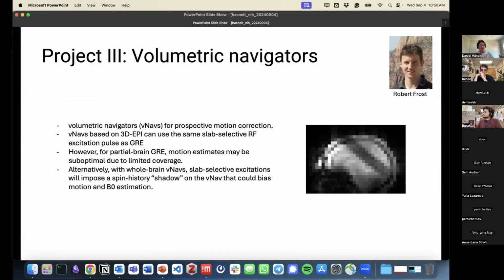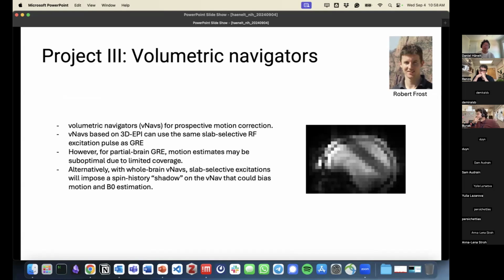If we use the same slab for the navigators, this probably won't be enough to have good registrations. But if you have a slab-selective FLASH scan with a whole brain navigator, we end up having these shadow effects where our slab-selective FLASH scan is located.